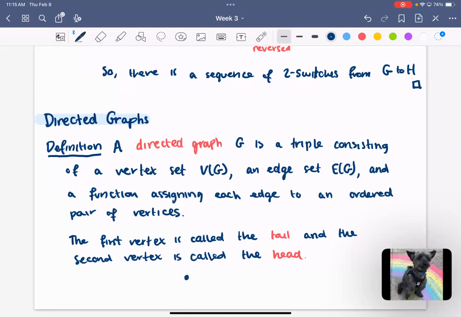So just to draw an example, if these are our vertices and these are our edges, how you would usually draw this is by just drawing an arrow on every edge specifying what direction it goes. So let's say this is X and this is Y. Then for this edge, Y is the tail and X is the head.